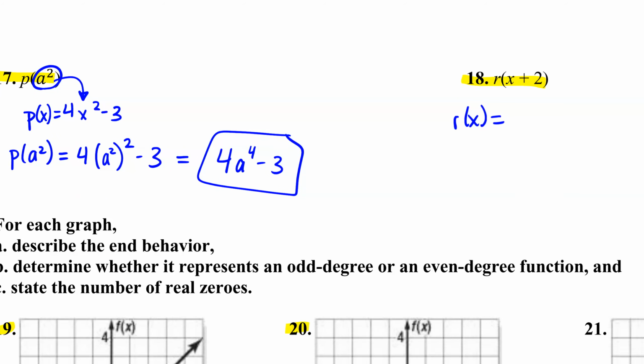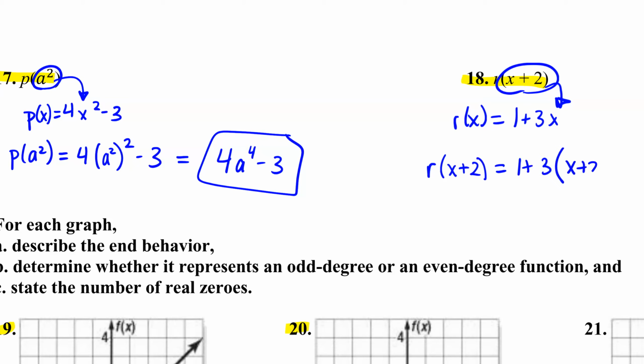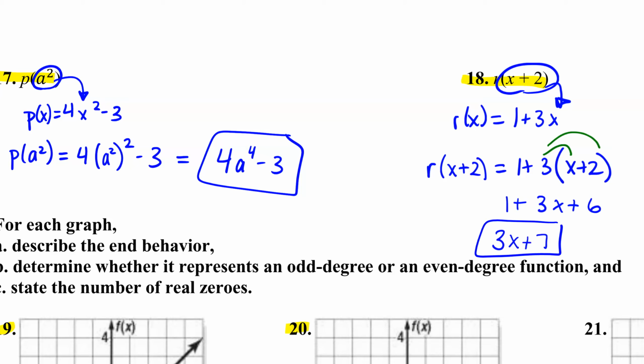R of x is equal to 1 plus 3x. So if I'm saying r of x plus 2, everywhere there's an x, you have to plug in x plus 2. So r of x plus 2 is going to be 1 plus 3 times, I'm plugging the whole thing, x plus 2, in for my variable. So the reason I leave my parentheses is I have to distribute that 3 out. And then to simplify, it's just going to be 3x plus 7.